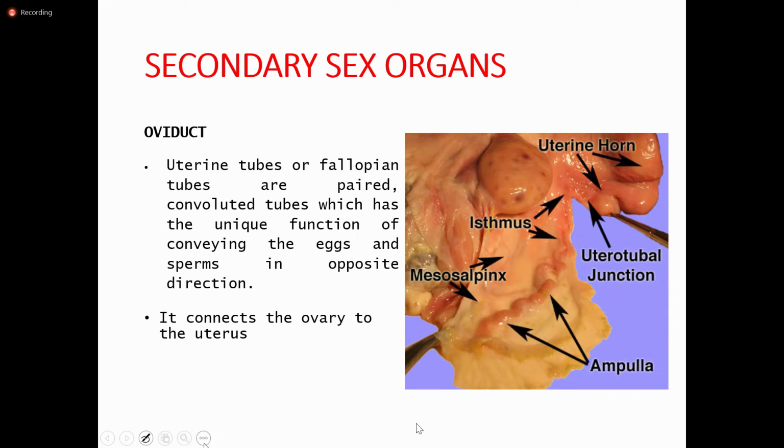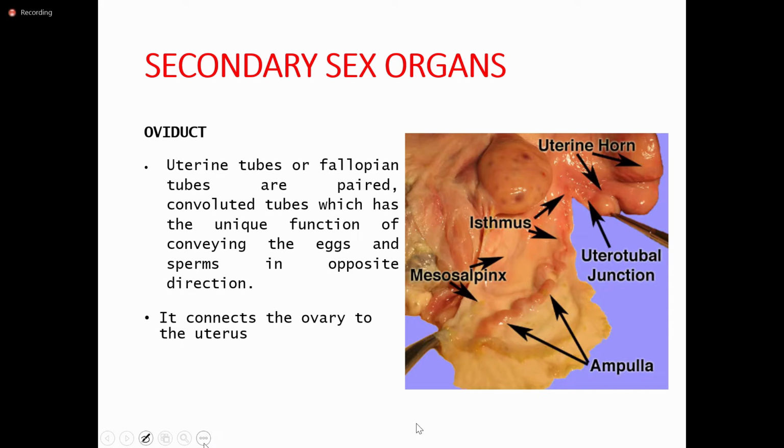So this serves as a conveyor. Daanan siya ng egg cell from the ovary going to the uterine horn. And might as well, this facilitates also the fertilization. It is the site of fertilization.